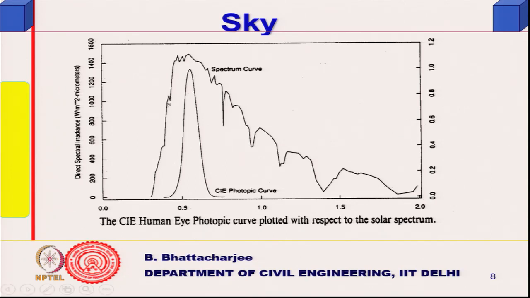This is, for example, 550 nanometer, multiplied by the corresponding scale. So, it has something to do with the radiation that is received itself.